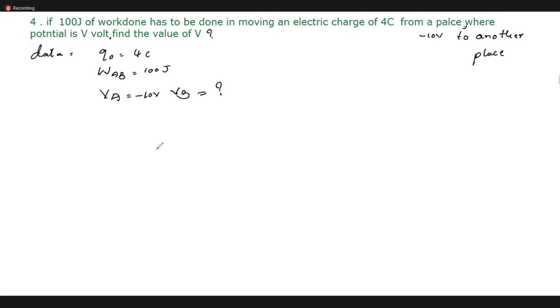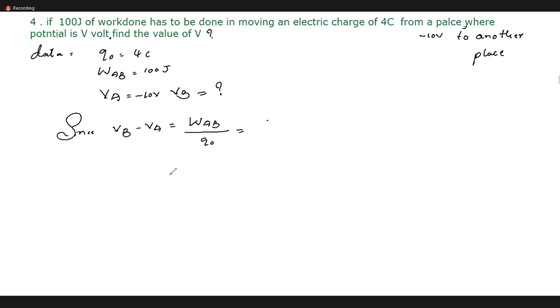What is the formula for VA minus VB? VA minus VB is equal to WAB divided by Q naught. The work done given is 100.